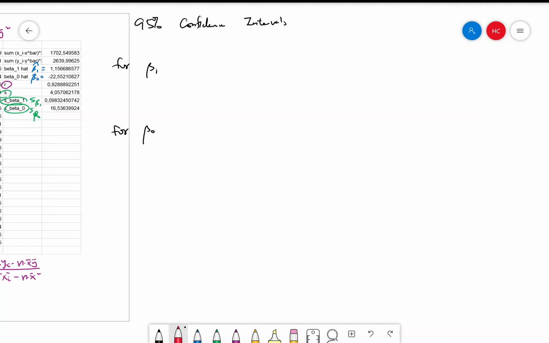For beta 1, the center is going to be our observed value, beta 1 hat, which is 1.157, plus or minus. The degree of freedom is 22 and alpha is 0.025 because it's two-sided. If you look at the table, this is 2.074, times the standard deviation, which is 0.0983. This gives us 0.95, comma, 1.36.